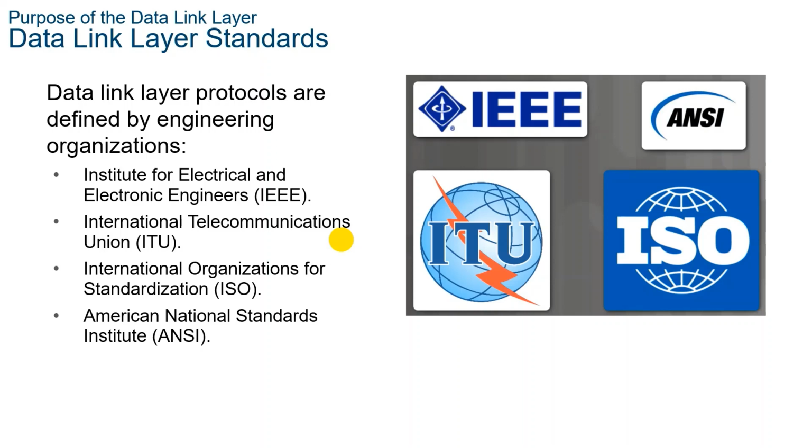The engineering organizations that define the open standards and protocols that apply to the network access layer, the OSI physical and data link layers, include the following. I know you're familiar with some of these organizations, like the IEEE or Institute of Electrical and Electronics Engineers. You also have the ITU or International Telecommunication Union, the ISO or International Organization for Standardization, and the ANSI or American National Standards Institute. The logos of these organizations are shown in the figure here.